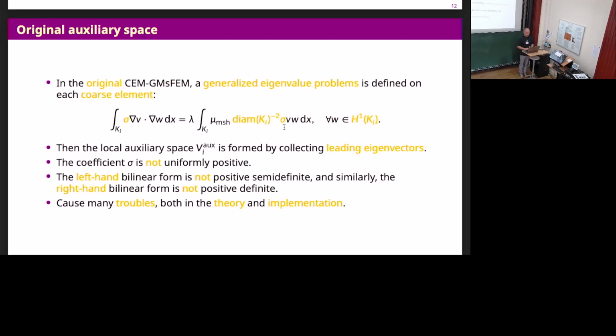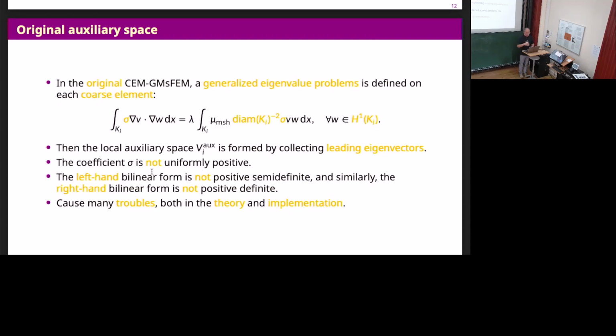Okay, it's weighted by the coefficient sigma and also some other parameters. And then the idea in the original version of this method is to define a space by using the leading eigenvectors. This means we use the eigenvectors corresponding to the first few small eigenvalues to construct the space.